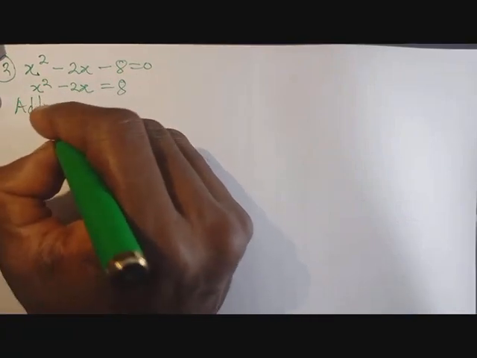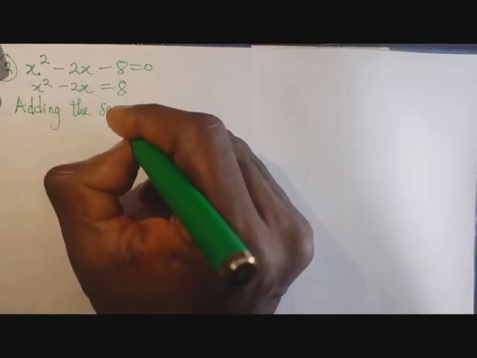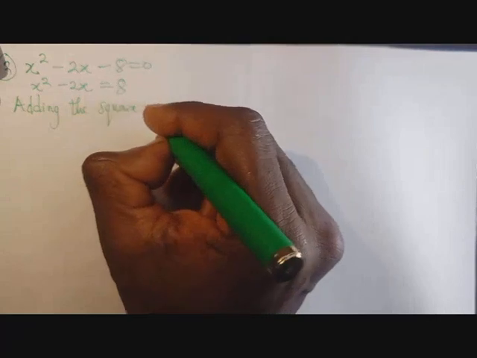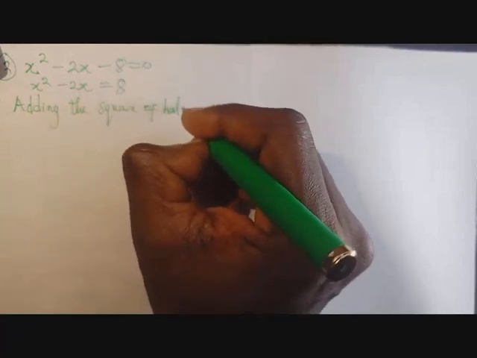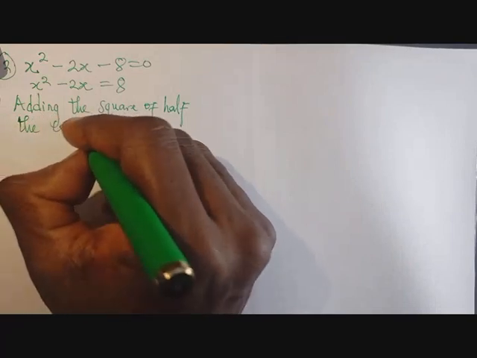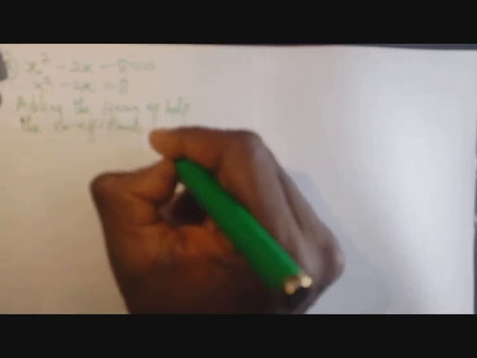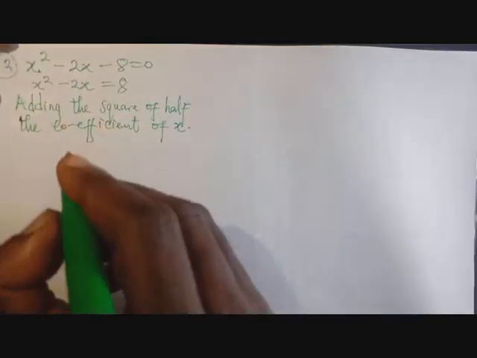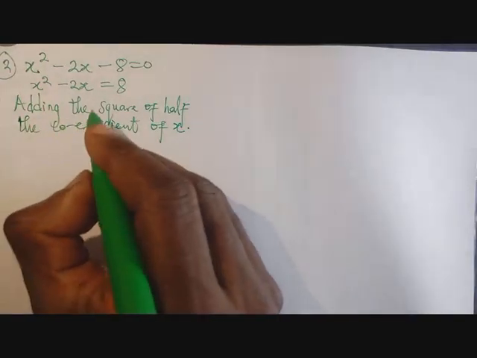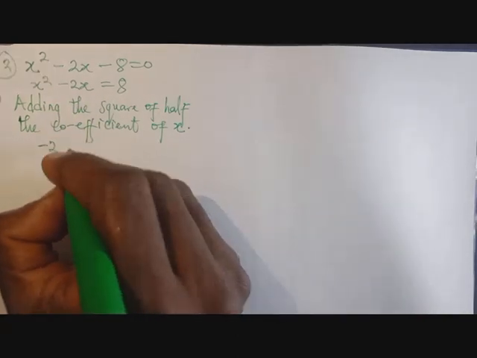And like I did previously, I like to write this. It says adding the square of half the coefficient of x. So what is the coefficient of x? Coefficient of x is minus 2. What is half of it?